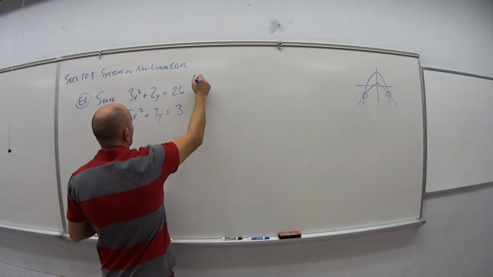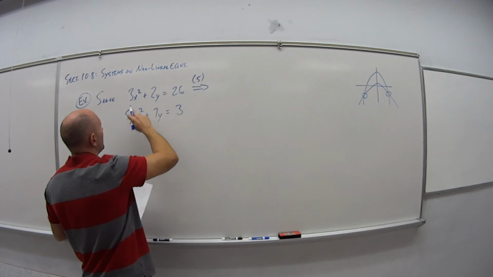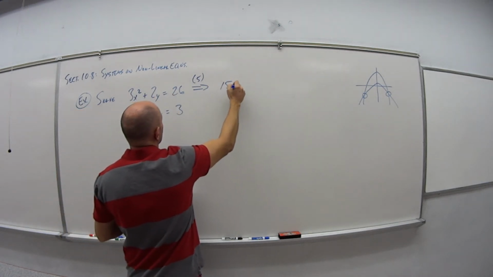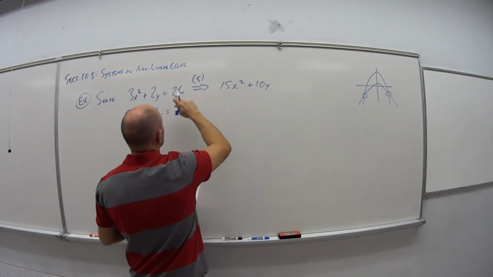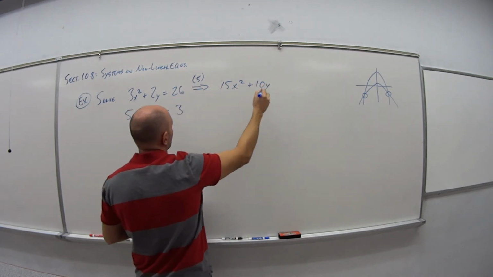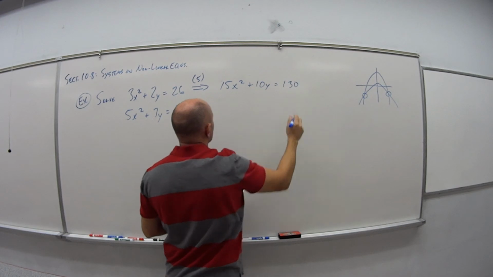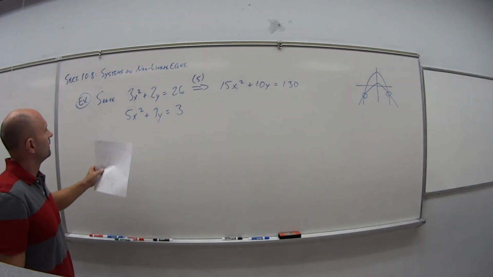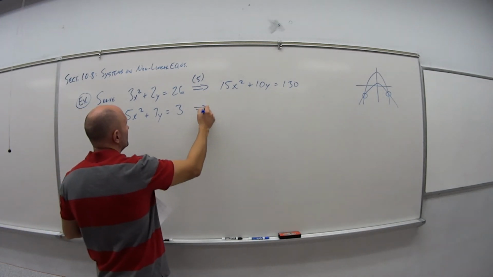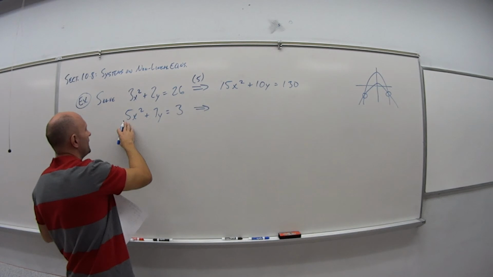So this first row, I'm just going to multiply by positive 5. And that gives me 15x squared plus 10y. And 26 times 5 is 130. So I get 15x squared plus 10y is equal to 130. So now with this one, I need to get the x value to be a negative number.